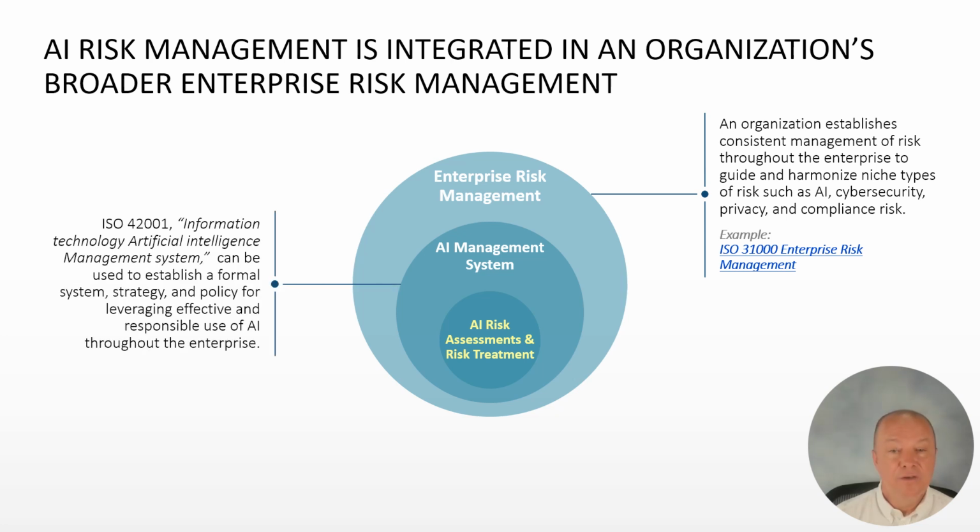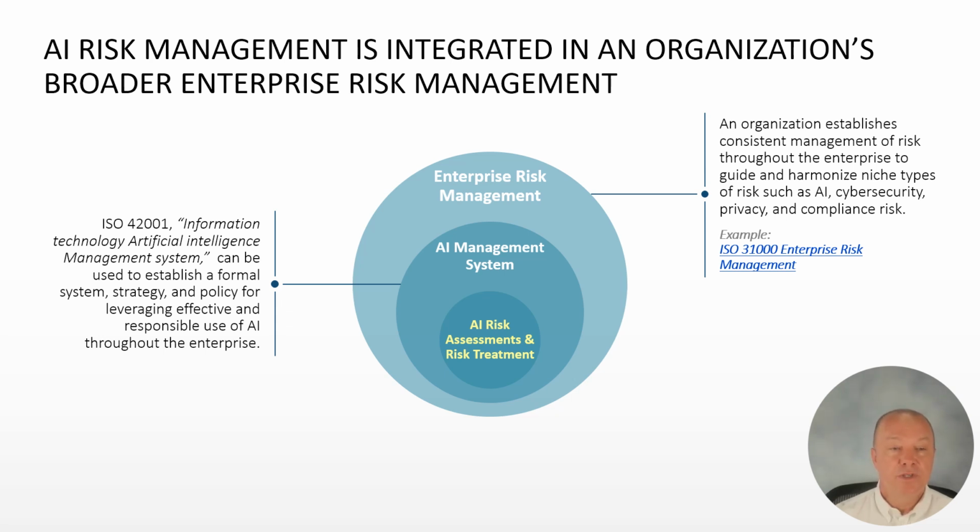We then have, for AI management in particular, not necessarily just AI risk, but basically an entire management system devoted to managing AI as it's integrated into an organization. We now have a new ISO standard for this, ISO 42001. This is entitled Information Technology Artificial Intelligence Management System.